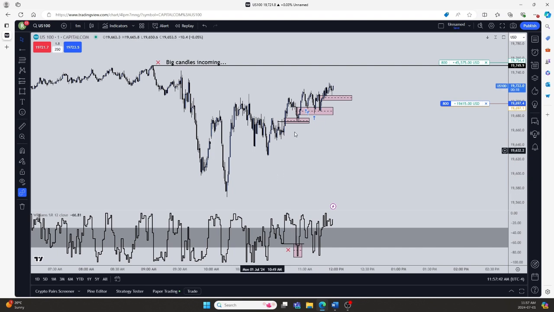And again, guys, if we do take out this high, I want to see it do so with speed and take out this liquidity pool before, preferably before 12.